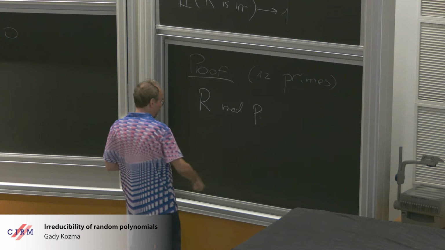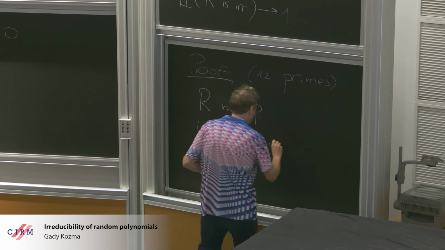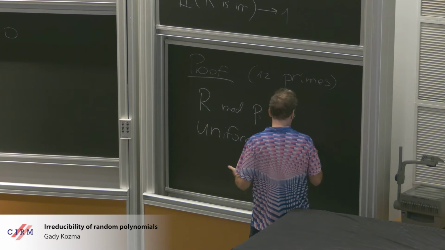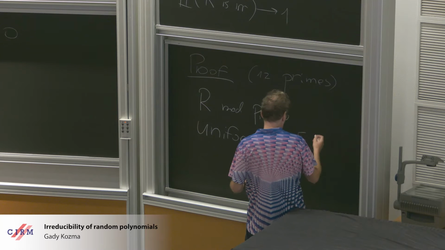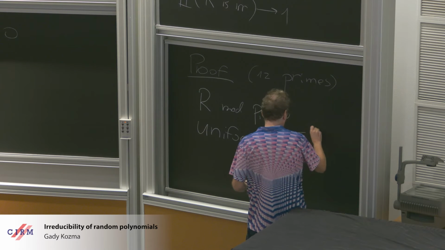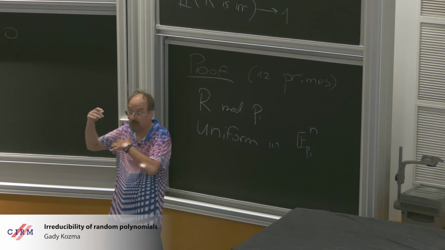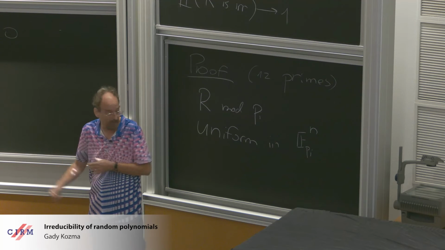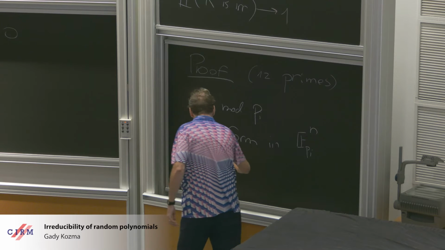So R modulo Pi is uniform in the finite field 2 to the power n. So it's just a uniform polynomial of degree n, and B, that they are independent.